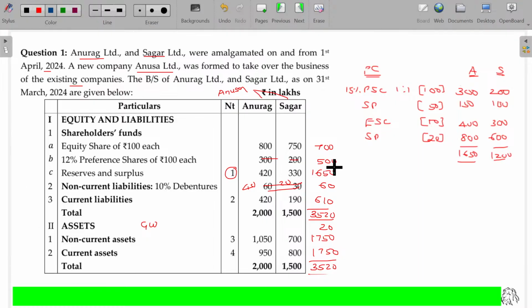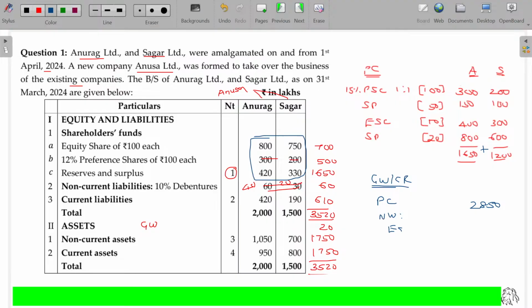For the calculation of goodwill or capital reserve, what about the purchase consideration for these two? 2,850. What about the net worth of these two companies? Net worth is nothing but the amount meant for the equity shareholders as well as preference shareholders.